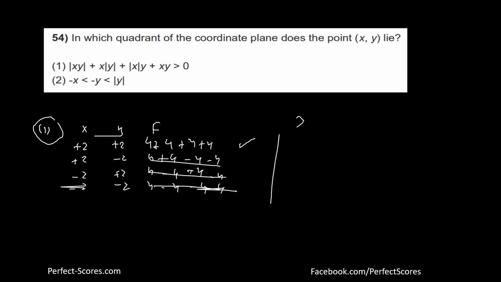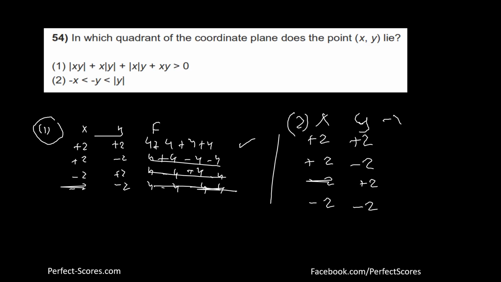Let's move on to the second statement. Again, what you can do is just choose the same numbers here. So for x and y you have plus 2, minus 2, minus 2, then plus 2, minus 2, plus 2, and minus 2. Again, you are going to write what is negative of x, what is negative of y, and what is absolute of y.